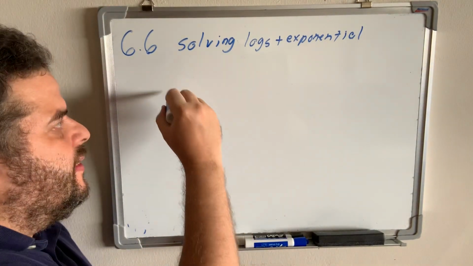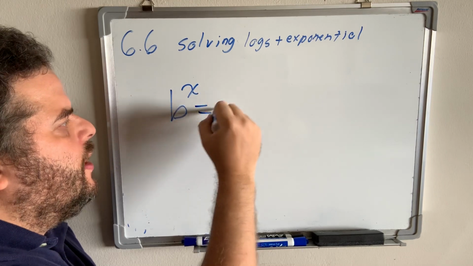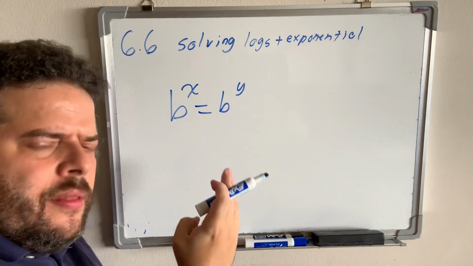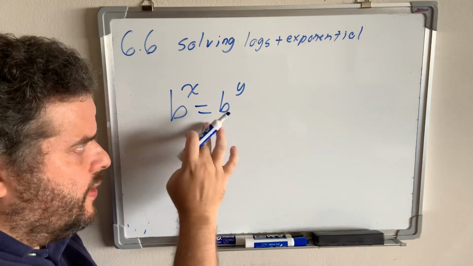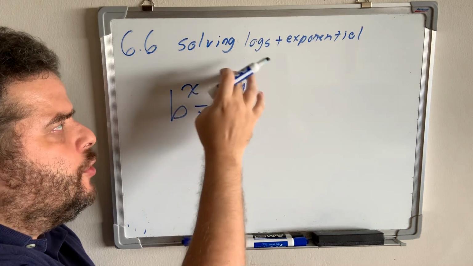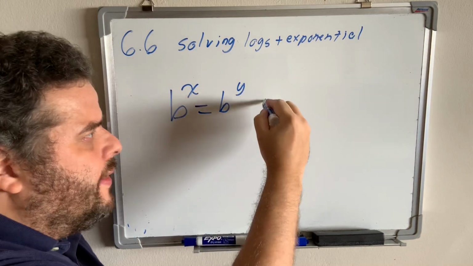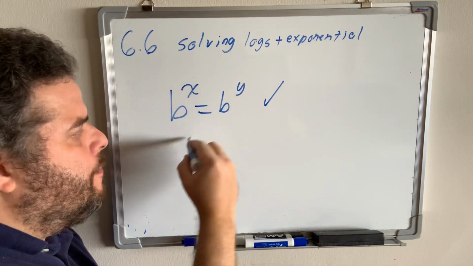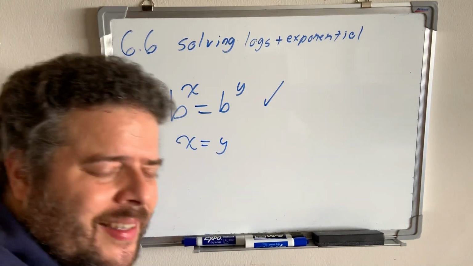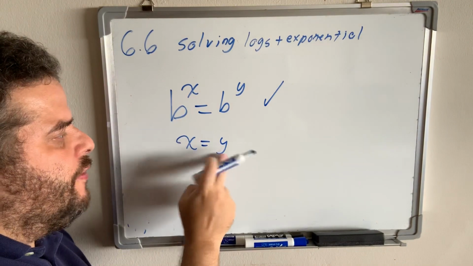What it states is, if I have this particular expression, since my b is the same, but these are two different letters, the only way this equality can be true is if my x and my y are identical, even though they are different variables.